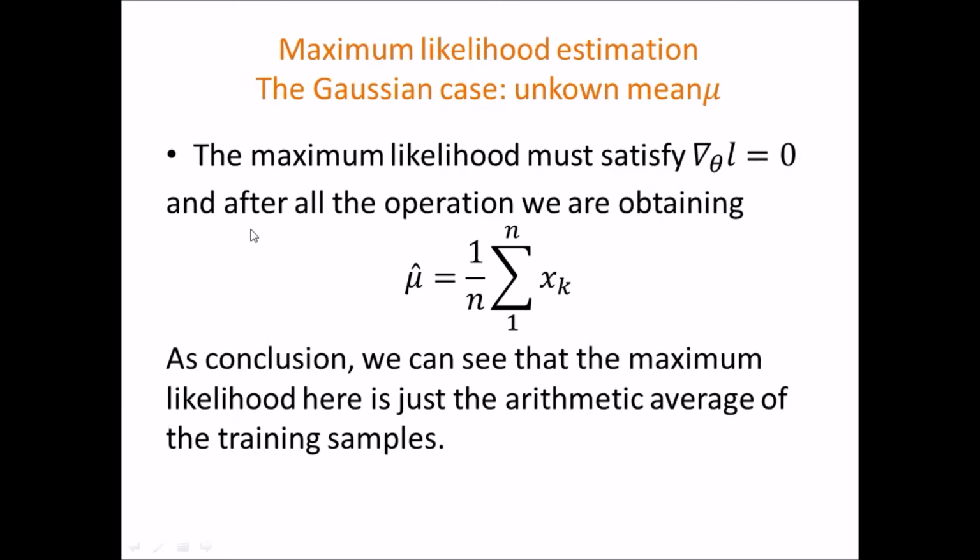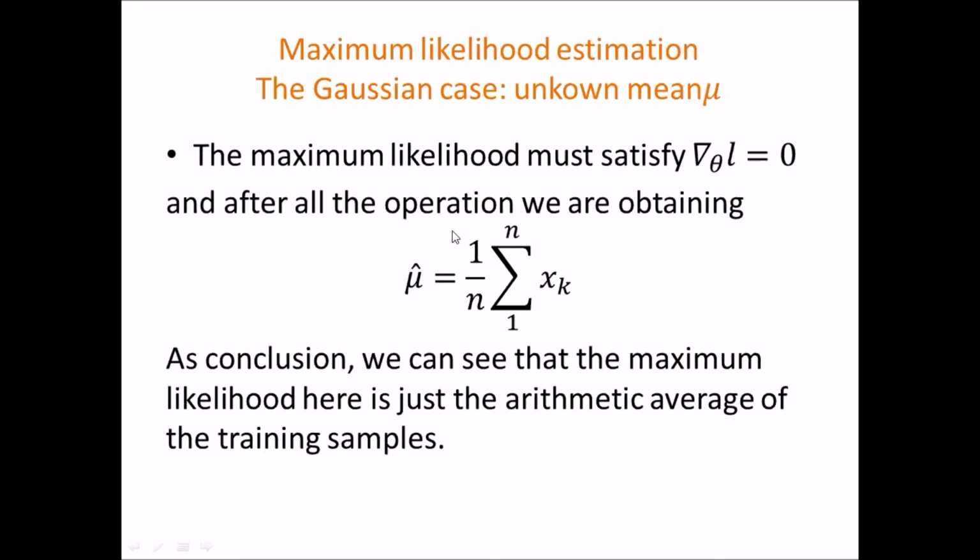That's what we said before. This is the condition that has to be satisfied. And after all operations, we obtain that the maximum likelihood is just the arithmetic average of the training samples.